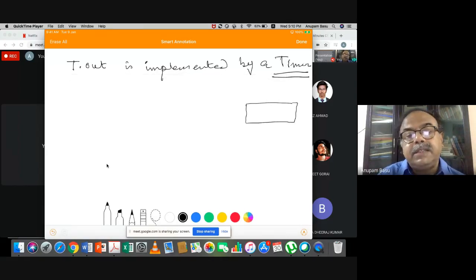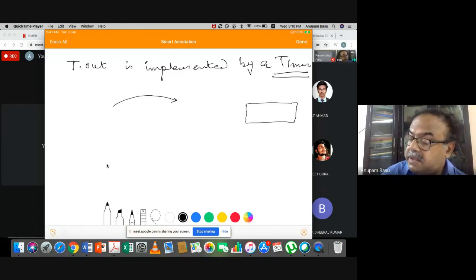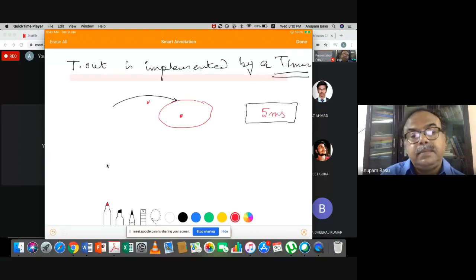As I said in the last class, as soon as this red program comes to the exec state, this timer is set to a value, 5 milliseconds, say. And it starts counting down.